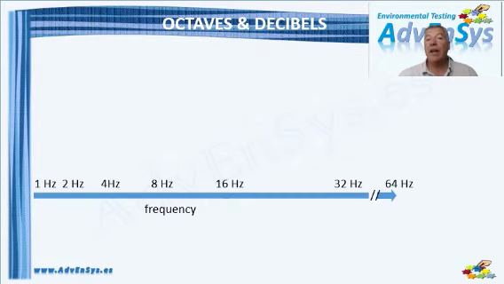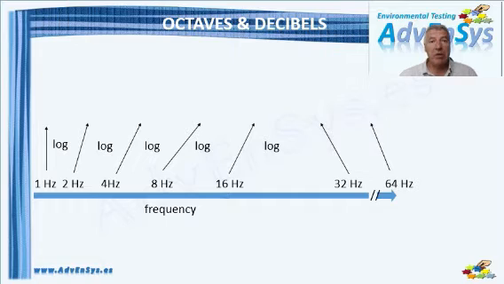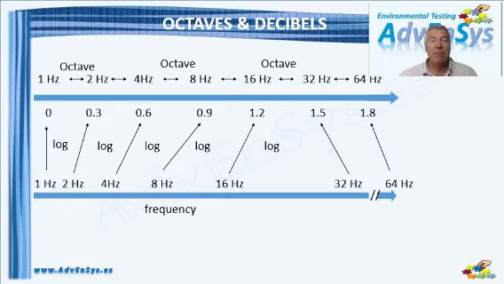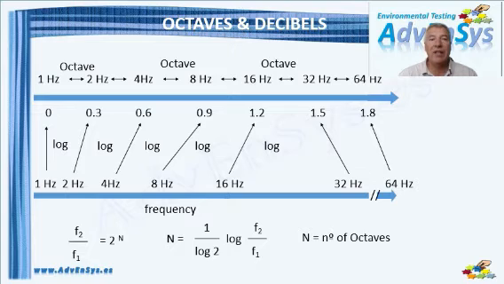If we apply the logarithm in base 10 of those frequencies, we get figures of 0.3, 0.6, etc. They are equi-spaced by a factor of 0.3, and therefore we have the same axis distance between frequencies separated 1 octave, and consequently generating a logarithmic scale. The number of octaves between two frequencies can be calculated by the simple formulation shown below.